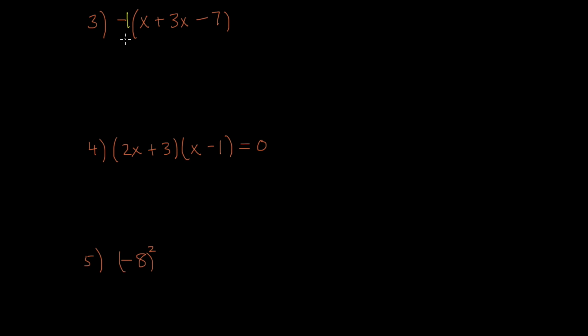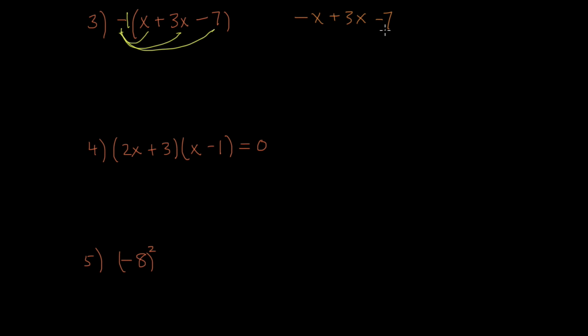And when you have something outside and you want to multiply it out, this is being multiplied to each of the terms, not just one. So the common error people make is they multiply it with the first term. They say, oh, negative x, and then they just forget about the other two terms, and they leave it as negative x plus 3x minus 7.